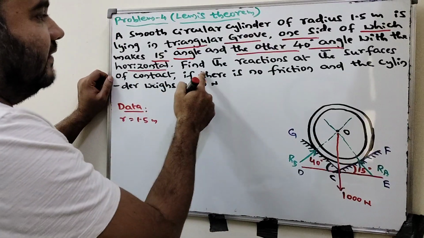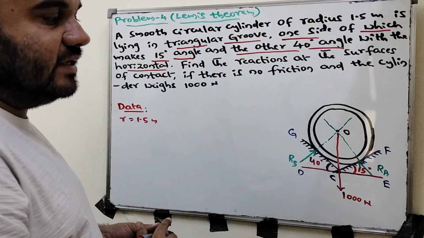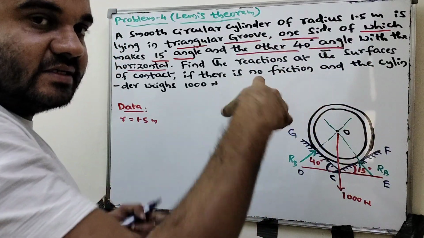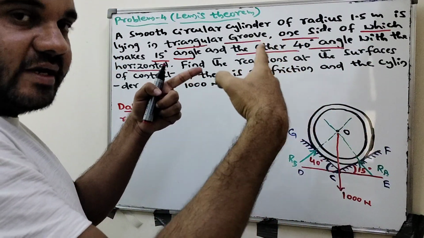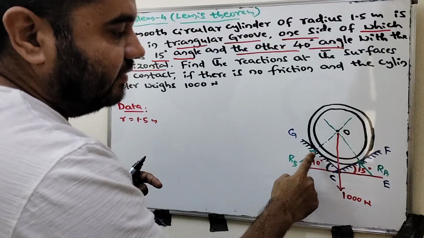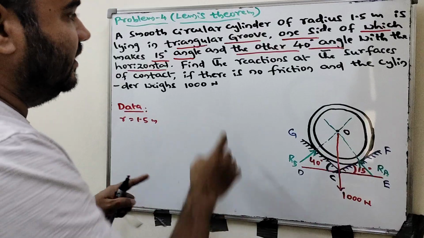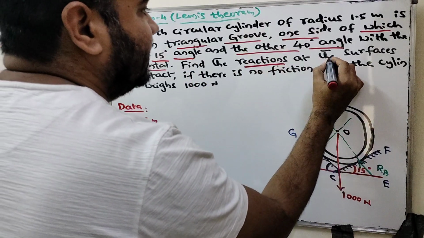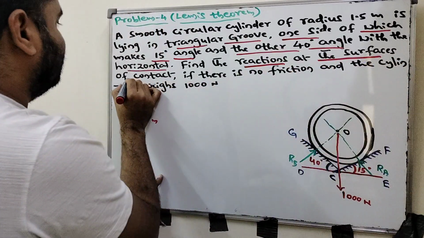Find the reactions. Where will we get the reactions? Obviously where the cylinder sits, where it contacts, there are reactions. Here one reaction we'll consider as Ra, and here one reaction Rb. He is asking to find the reactions at the surfaces of contact.